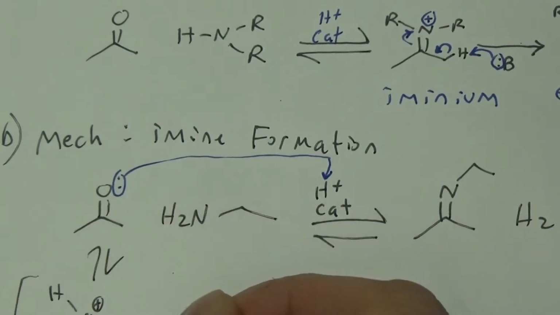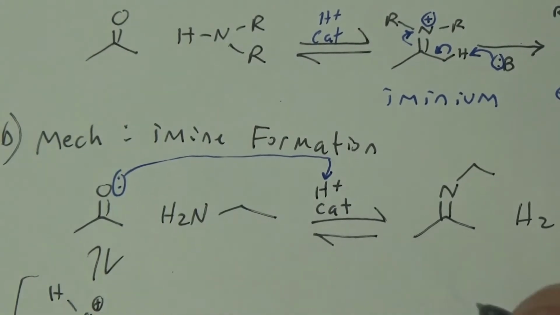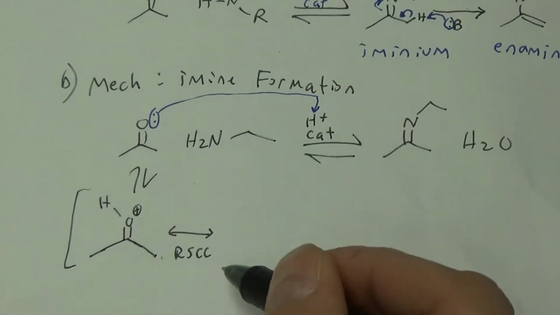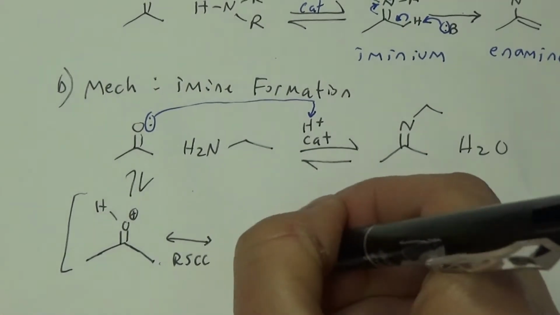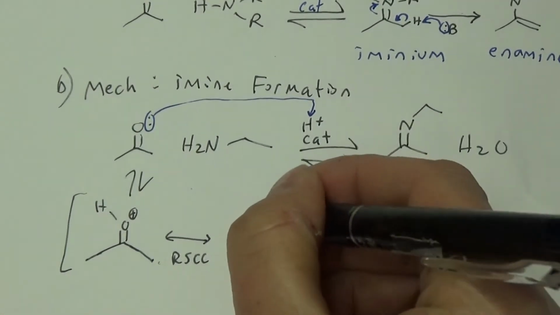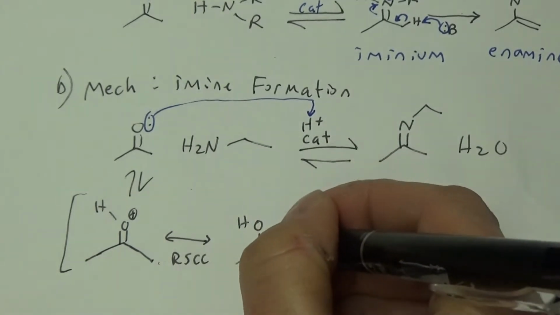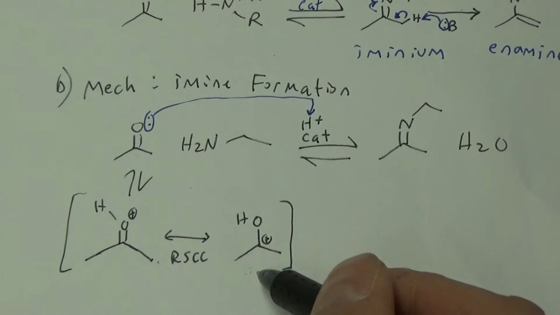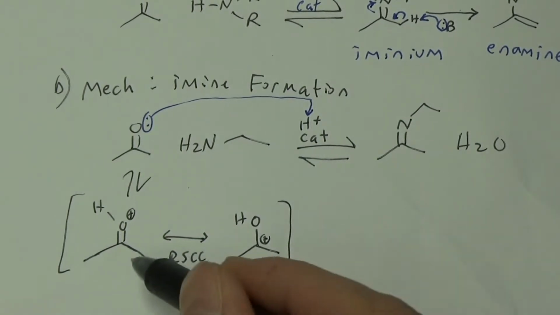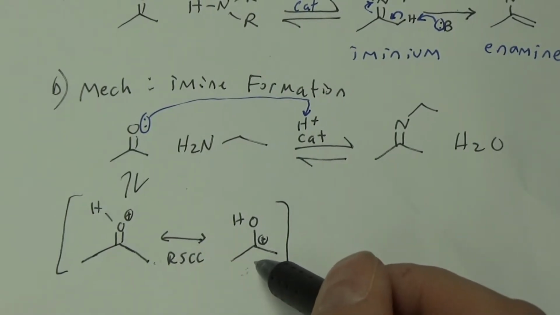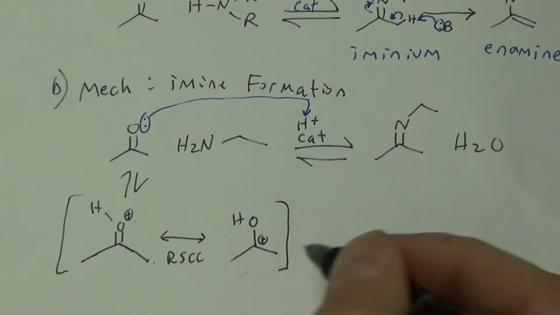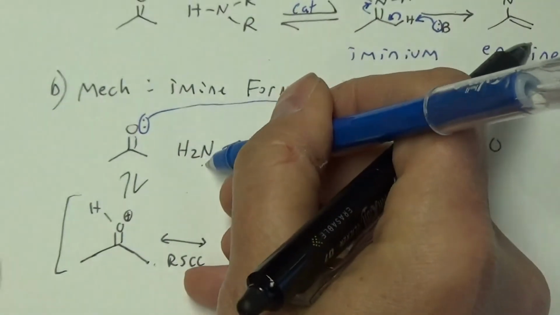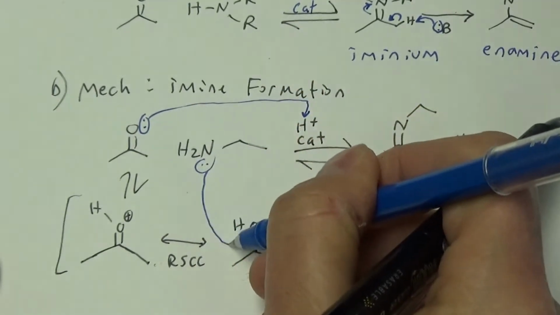Protonate, resonate. Now you've got your resonance stabilized carbocation. What do these react with? Is it a nucleophile or electrophile? Well, this is an electrophile, and so it reacts with nucleophiles, and the nitrogen's a nucleophile. It's got a lone pair. I'm just going to draw this one, sneak in and attack.